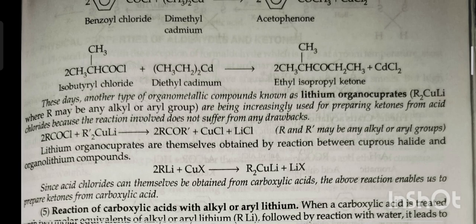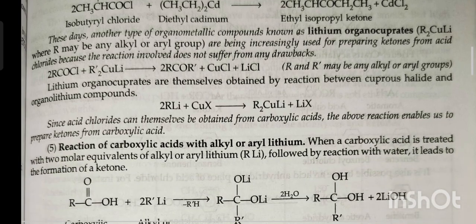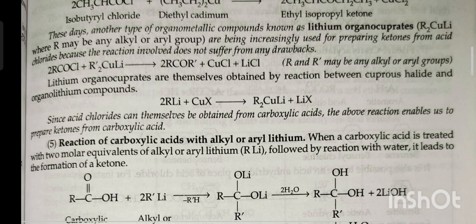These days, another type of organometallic compound known as lithium organocuprate, where R may be any alkyl or aryl group, is increasingly being used for the preparation of ketone from acid chloride because the reaction involved does not suffer from any drawback. Acid chloride plus lithium organocuprate gives ketone plus CuCl plus LiCl.